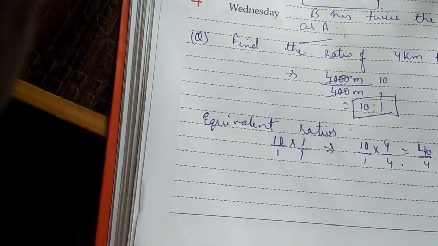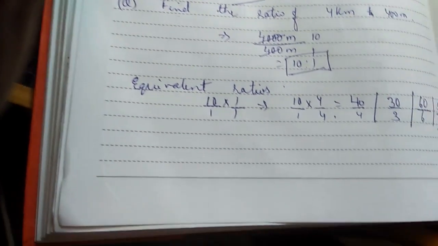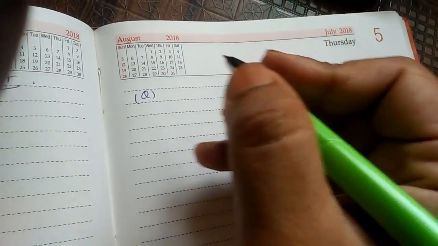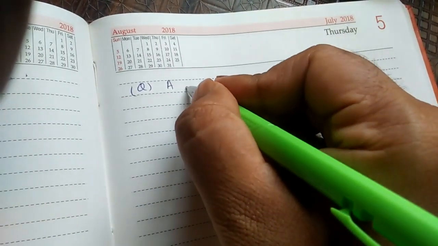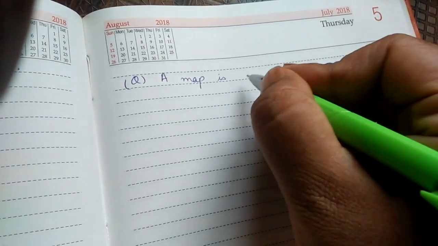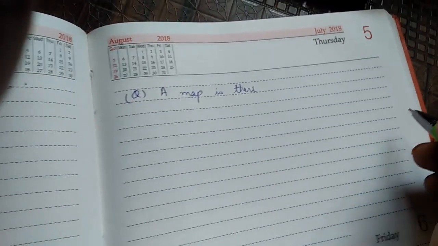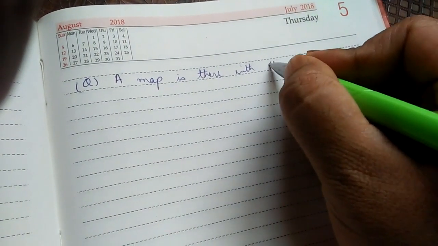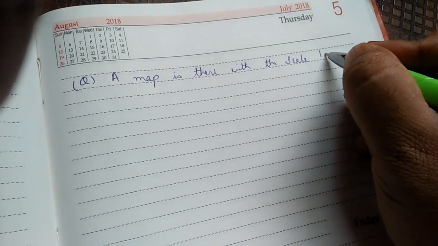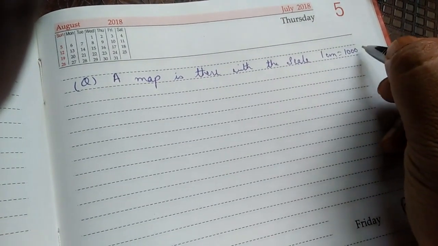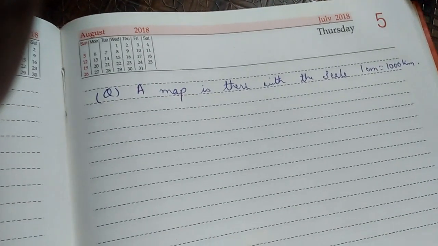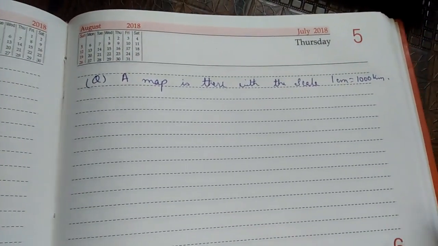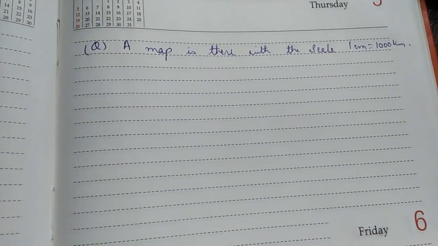So let's discuss few other questions in order to understand this. Okay. The question is, a map is there with the scale 1 centimeter is equal to 1000 kilometers. Okay, this is the scale of map. That means 1 centimeter will denote 1000 kilometers on actual ground.